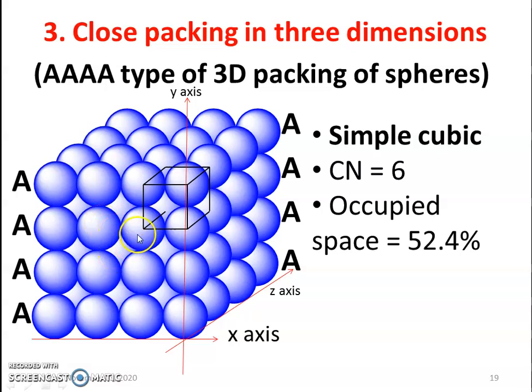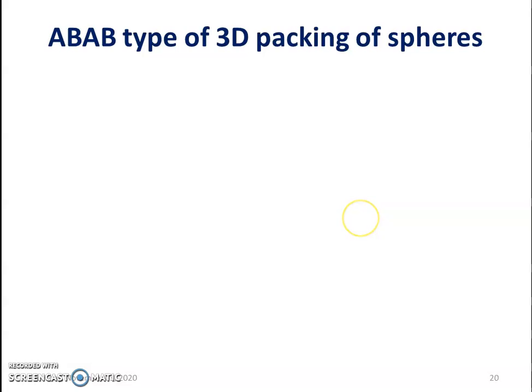One more sphere will be in front of this, if one layer is imagined in front of this layer, and one more sphere is aligned exactly backside of this sphere. So 4 plus 2, that is 6. The coordination number is 6, and the occupied space is 52.4%.